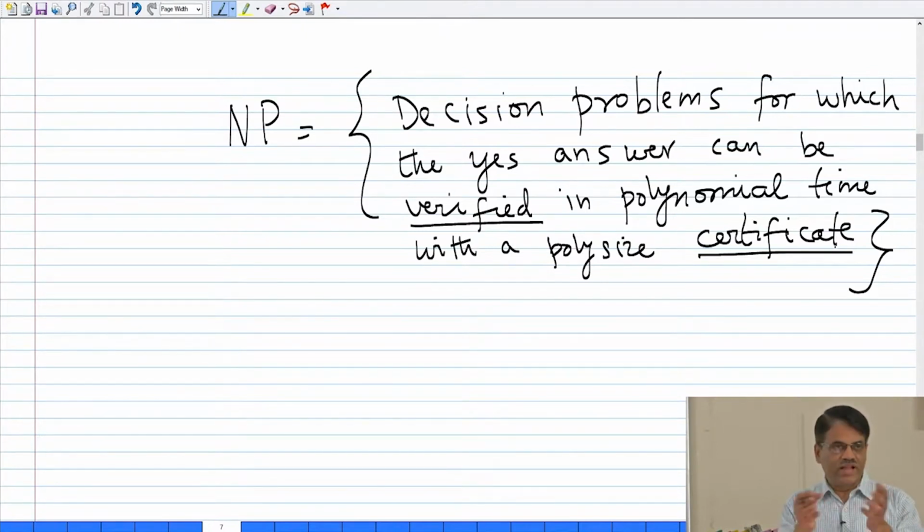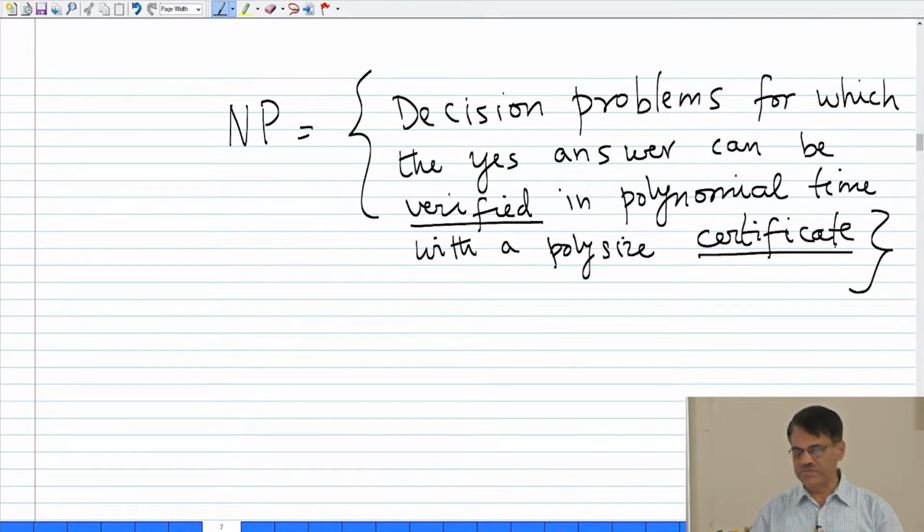To translate it in the language we are used to, it is a set of all decision problems. Decision problem means the answer is always yes or no, for which if somebody has to verify the yes answer, there is a way to verify it in polynomial time if given a certificate, given a proof of the yes answer.